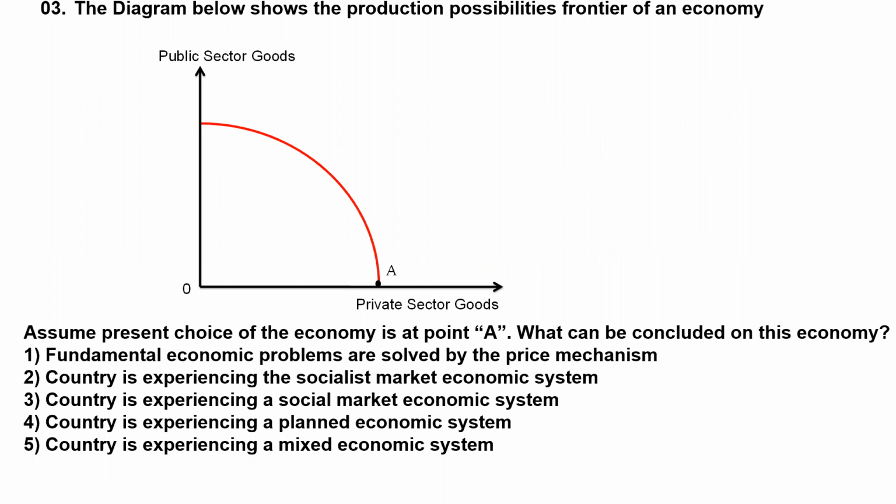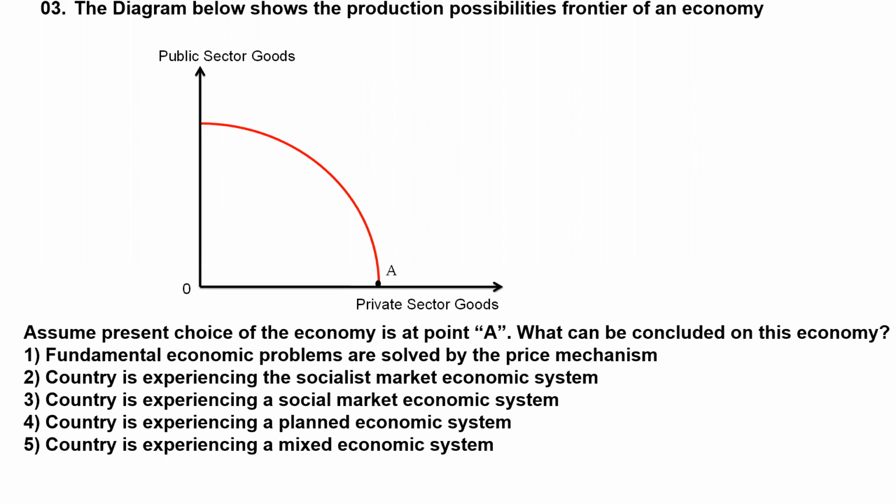Without going to the answers, you can understand what the theory behind this question is. The question says, assume the present choice of the economy is at point A. That means they are producing only private sector goods. What can be concluded on this economy? You can see fundamental economic problems are solved by price mechanism, economic system, social market, like this. That means this question focuses on economic systems.